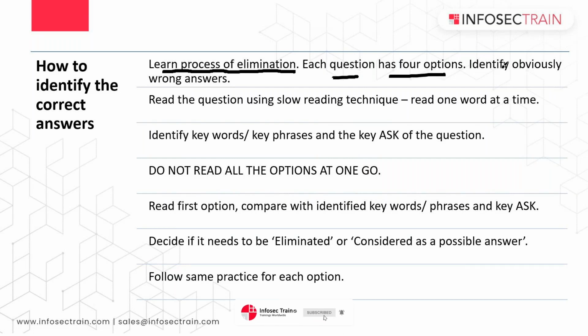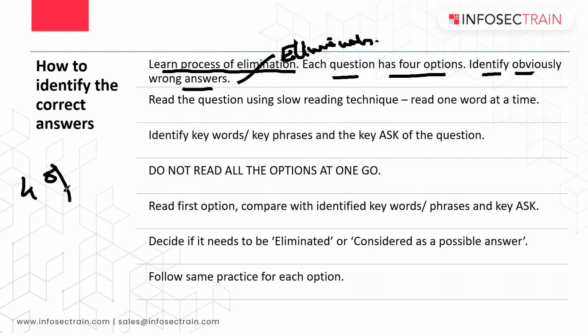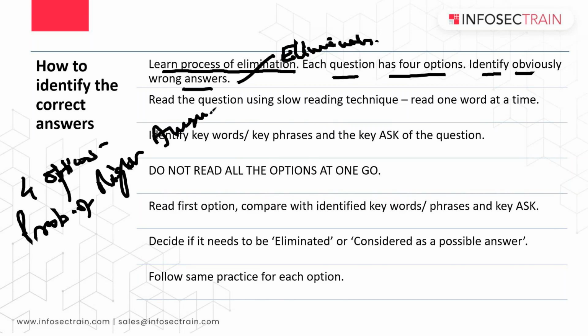We need to start with identifying obviously wrong answers and then eliminate those answers. If you are looking at 4 options, your probability of a right answer is 25%.